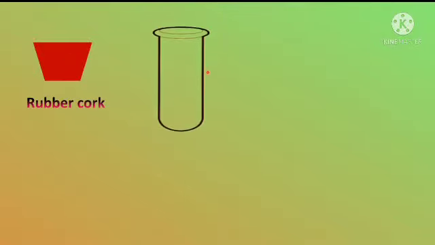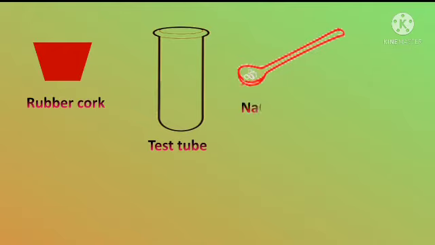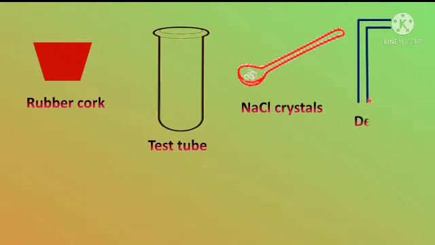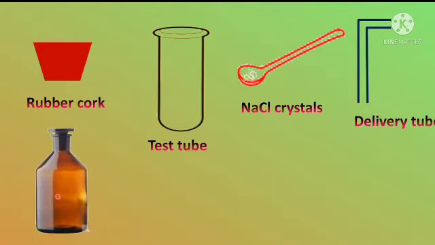Now we'll go through the experiment. First, let us have a look at the material required. This is the rubber cork, test tube and a small amount of sodium chloride crystals. Delivery tube, concentrated sulfuric acid and blue litmus paper.